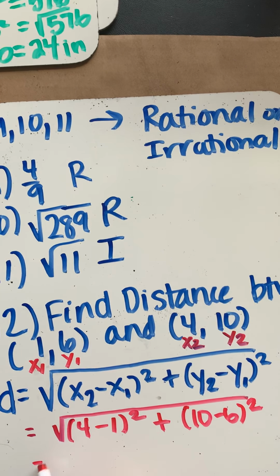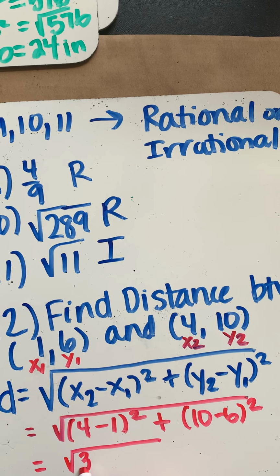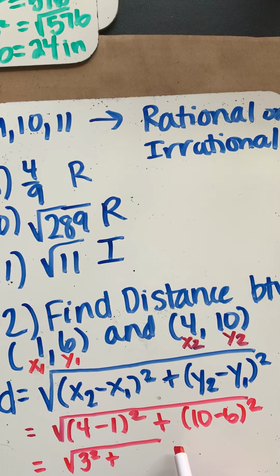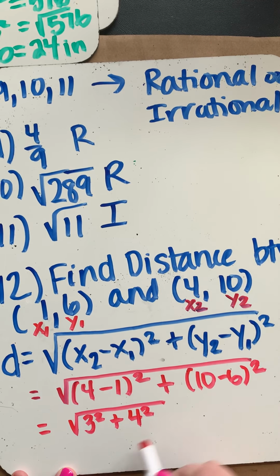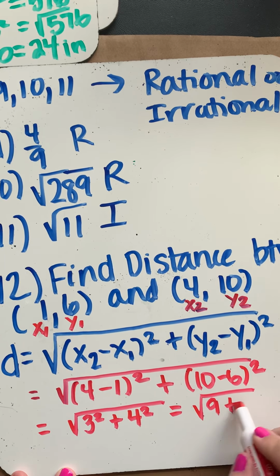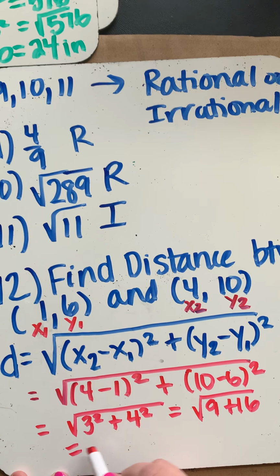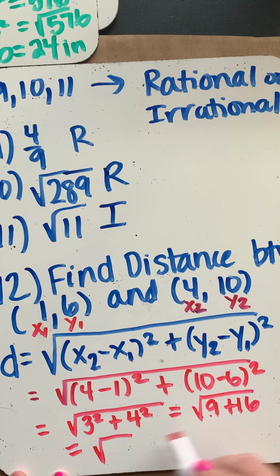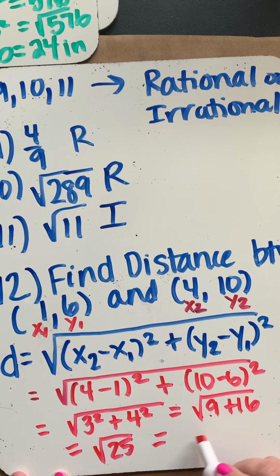When you go ahead and do the math, 4 minus 1 is 3, so you have 3 squared plus 10 minus 6 is 4 squared. 3 squared is 9, 4 squared is 16. When you add those together, 9 plus 16 is 25, and that actually works out really pretty.